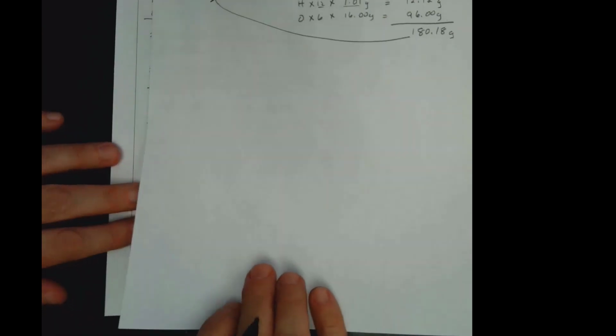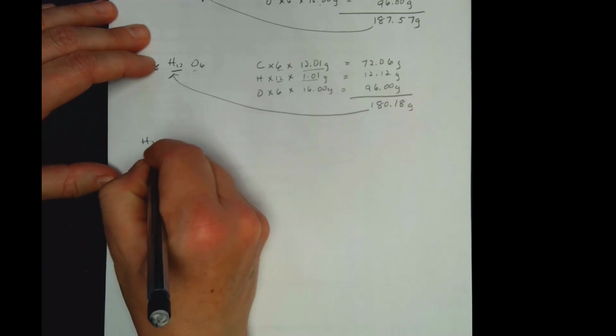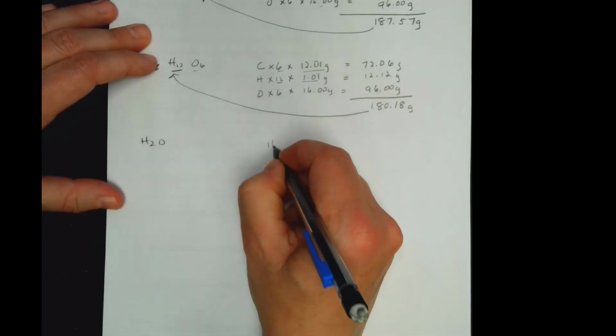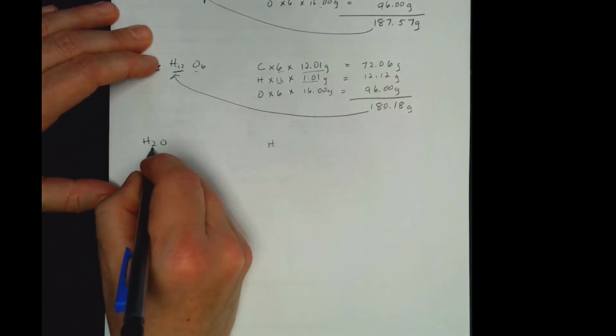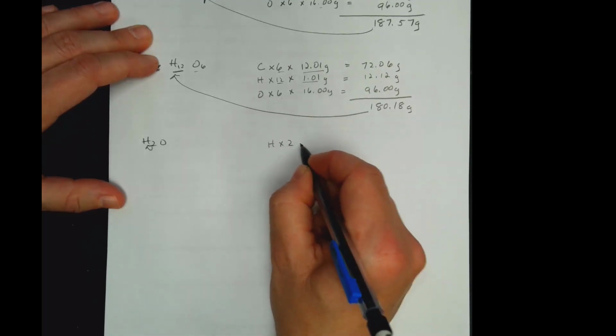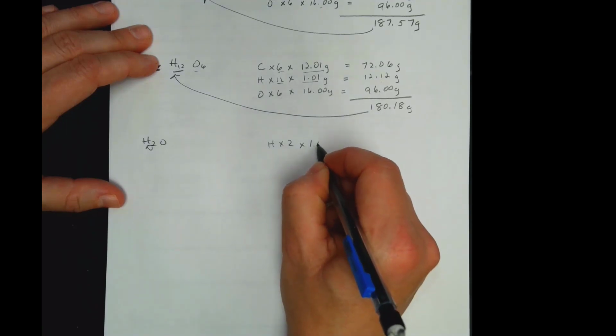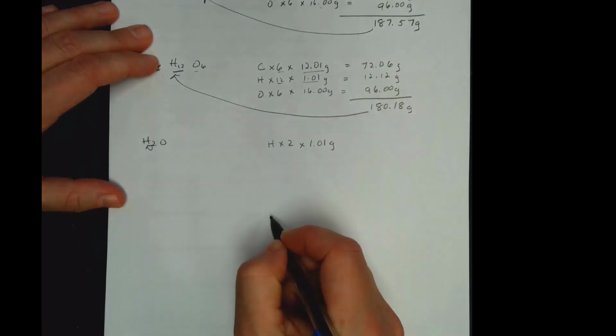I'm going back to my handy sheet of paper, and let's do this together. H2O. I know I have hydrogen, and according to this subscript, I have 2 hydrogen. According to the periodic table, the atomic mass of hydrogen is 1.01 grams.